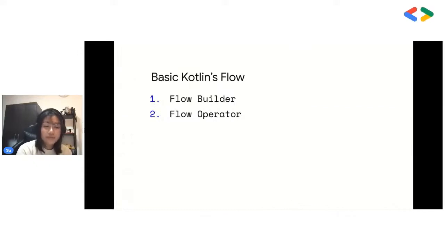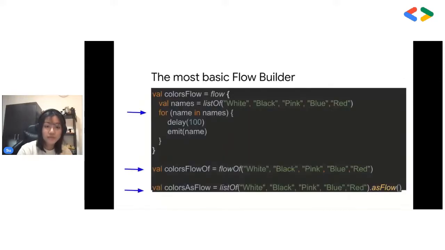Okay, let's study the basics. There are flow builders and flow operators. We use a flow builder to create a new flow and use operators to transform the flow. This is a sample of what flow builder code looks like. We use flow to create a flow from a suspendable lambda block.